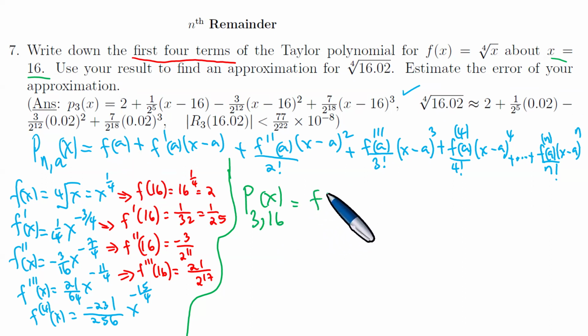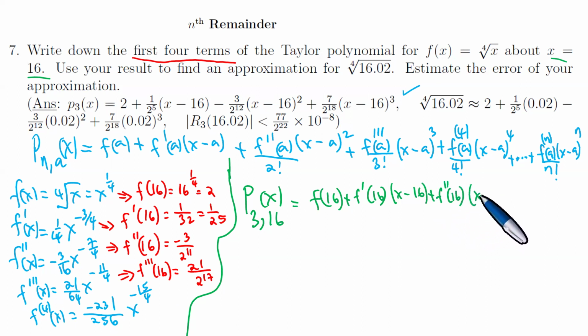In other words, you're going to have f at 16, f primed at 16, f double primed at 16, and then you put 2. f triple primed at 16, and then you have 3.